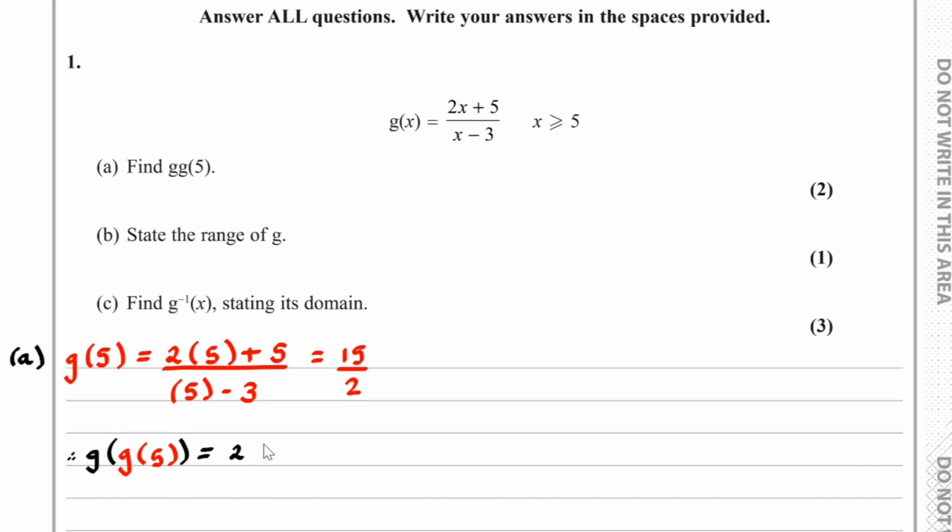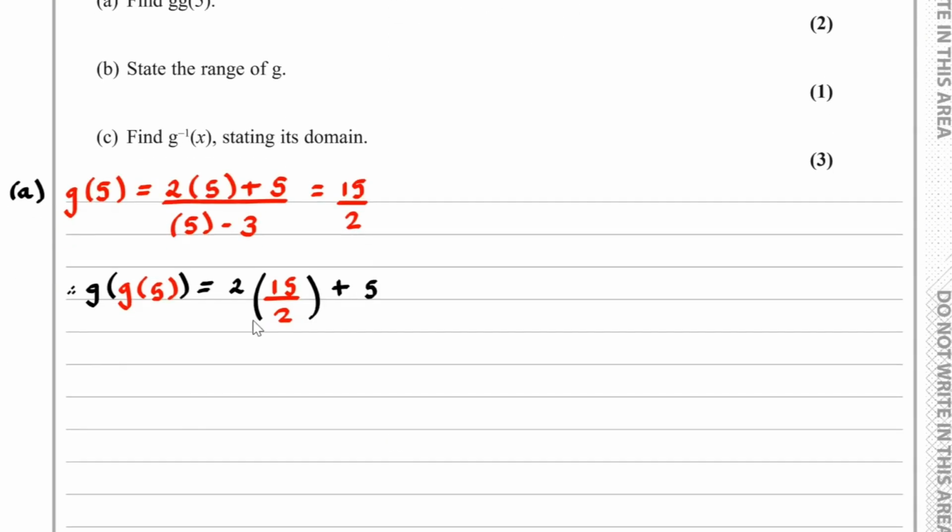So we have 2 multiplied by 15 over 2 plus 5, divided by 15 over 2 subtract 3.